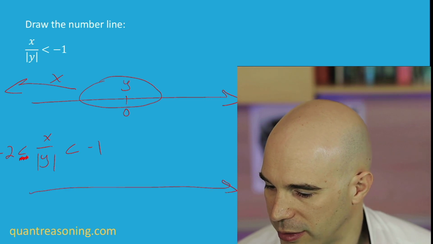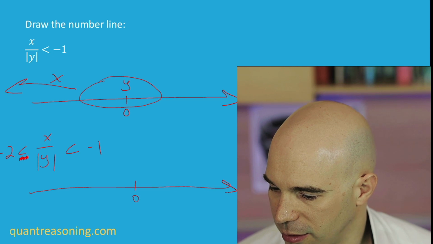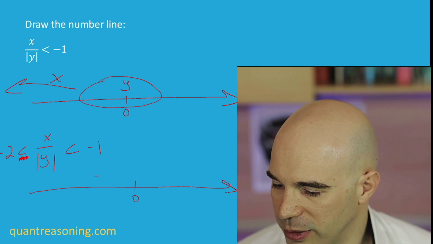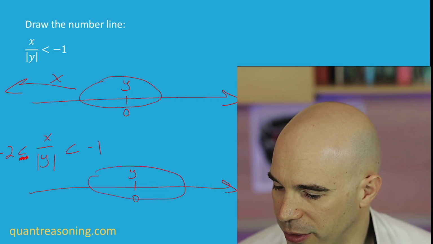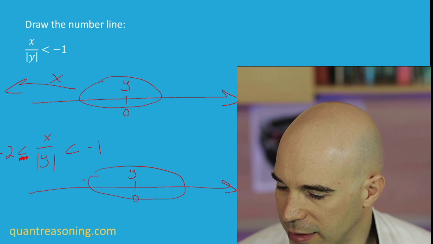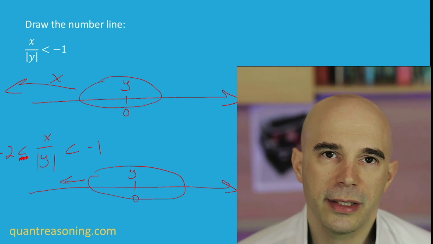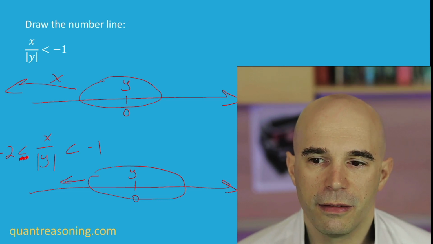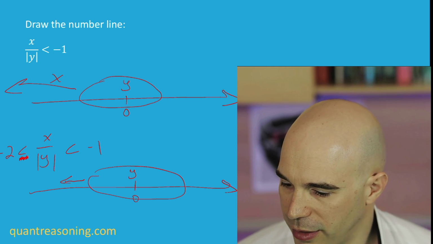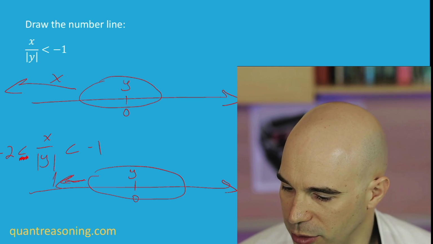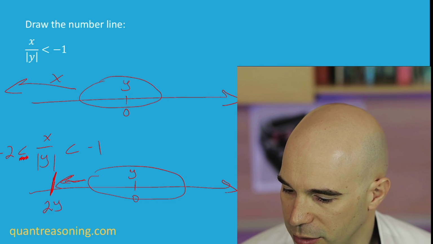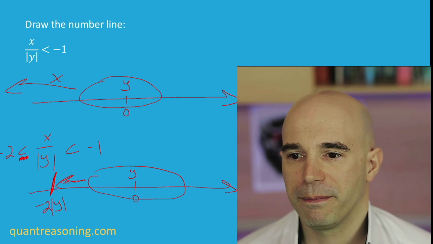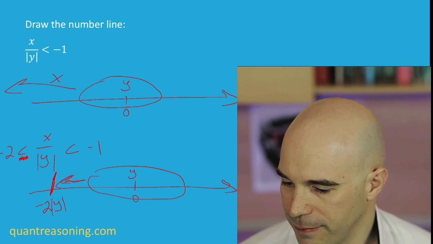So if we were to draw it, we'd say, look, here's y in this cloud. X is definitely to the left of that cloud, and it's negative, but this time x doesn't go all the way to negative infinity. This time at most, there's going to be a limit there at negative 2 times the absolute value of y.